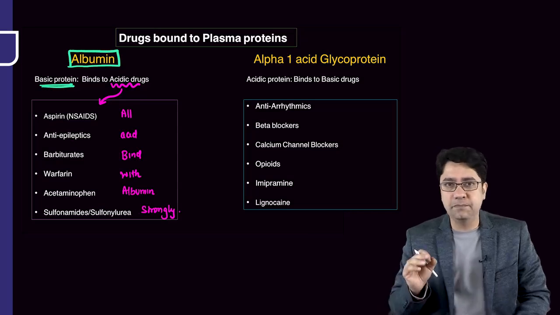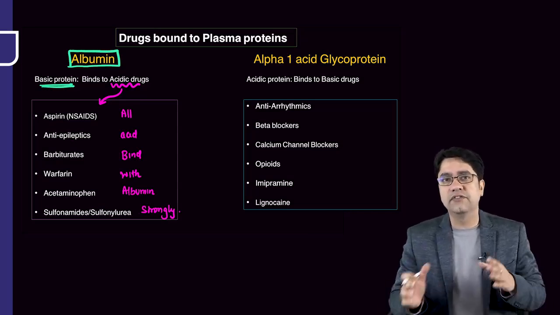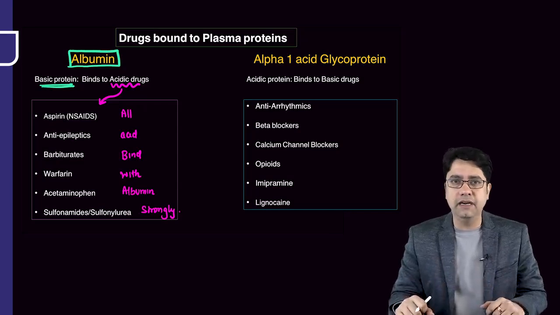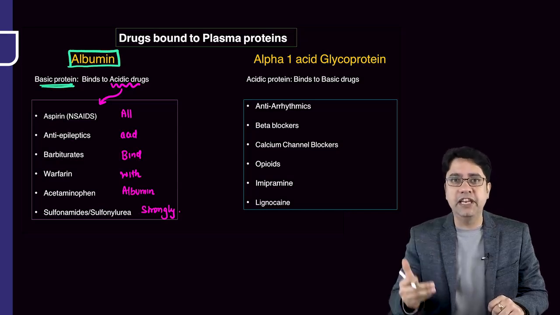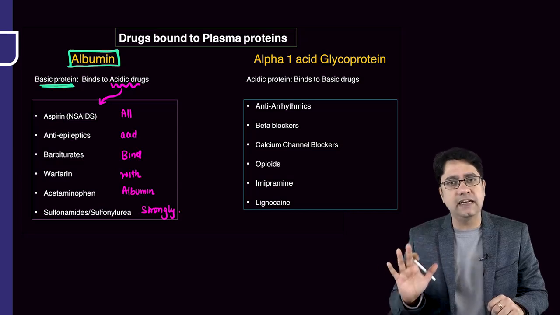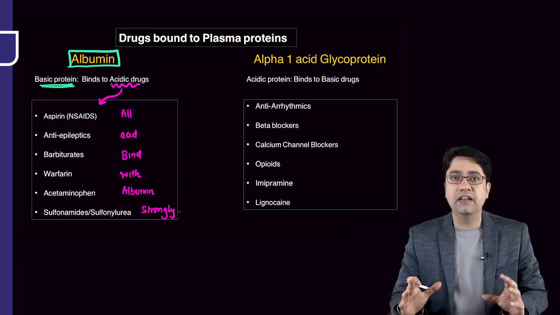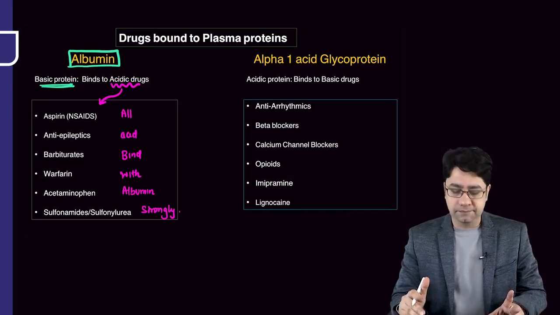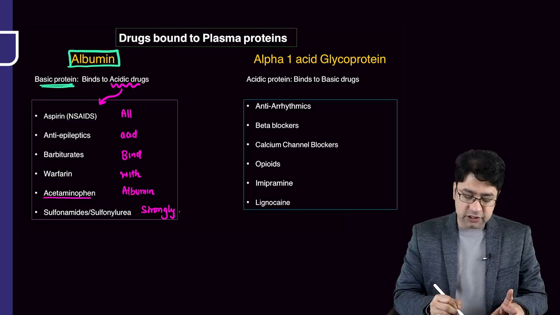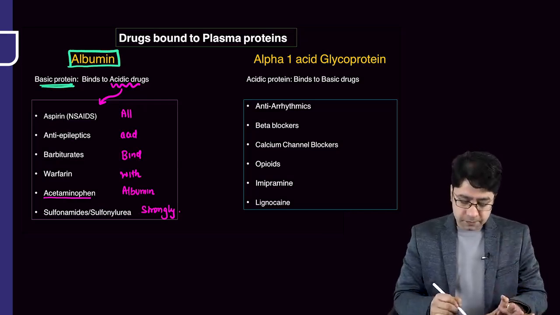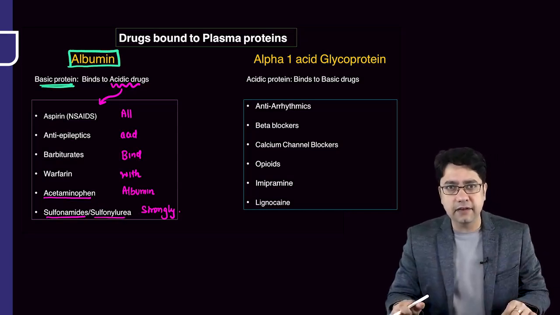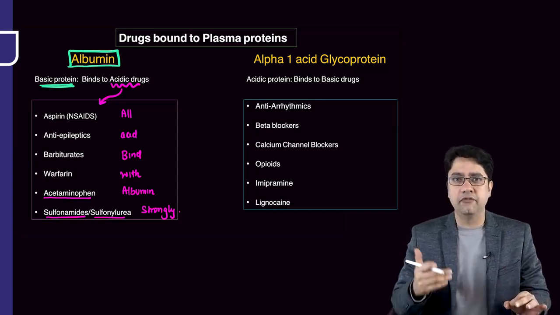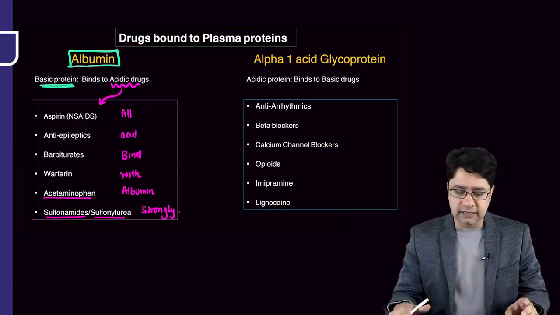A for aspirin, which is under the class of NSAIDs, non-steroidal anti-inflammatory drugs. NSAIDs are acidic drugs. Then barbiturates, anti-epileptic drugs like phenytoin and valproic acid, they are all acidic drugs. Barbiturates like phenobarbital, warfarin, acetaminophen, also known as paracetamol, and sulfonamides and sulfonylureas. Sulfonamides are antibiotics. Sulfonylureas are drugs for diabetes, which cause insulin release.